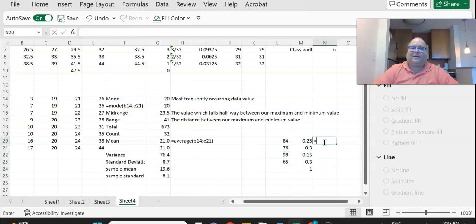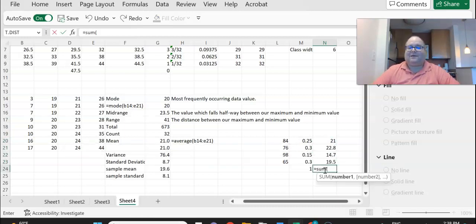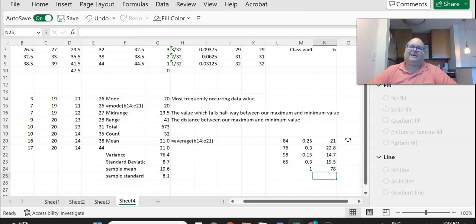So if we multiply L times M, this will give us the number of points out of 100 that was earned in each of these categories, and equals the sum of these values, which when we divide by 1 still gives us a 78.